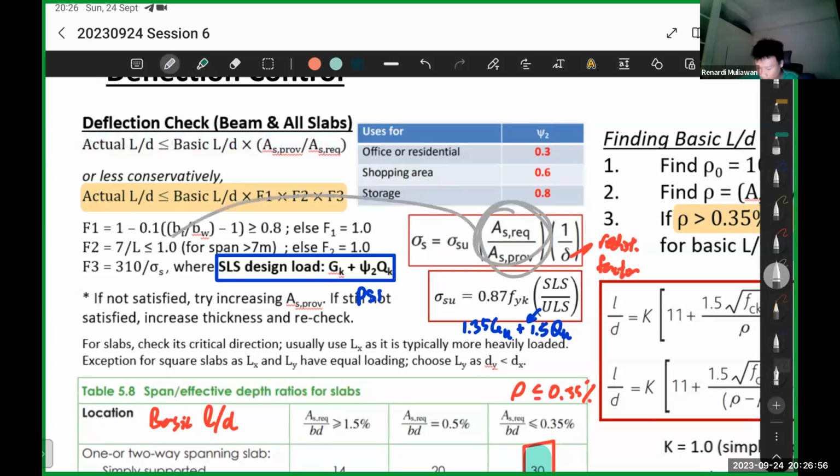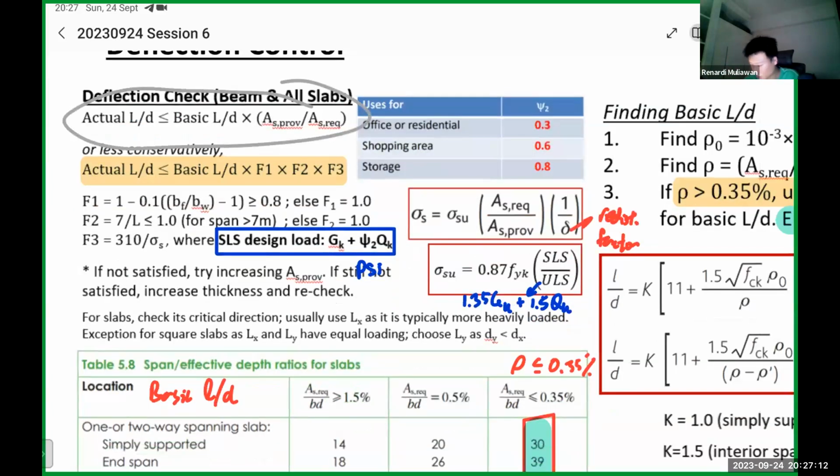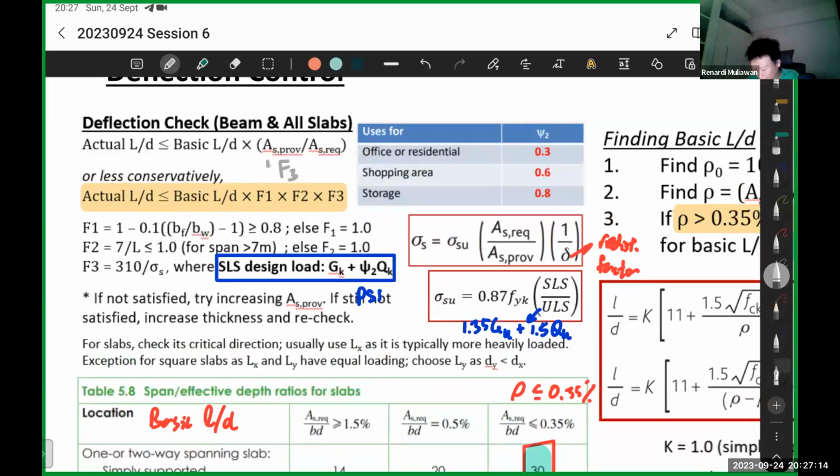If you plug it in here, F3 will flip because it's below, so it's AS provided divided by AS required. So this formula is a simplification of F3, but incomplete. It ignores delta and sigma su. It's just a rough estimate. It also ignores F1 and F2, if you notice. So this is only a simplification.